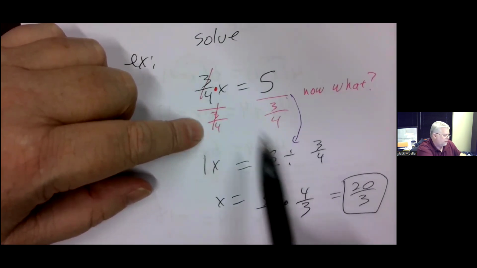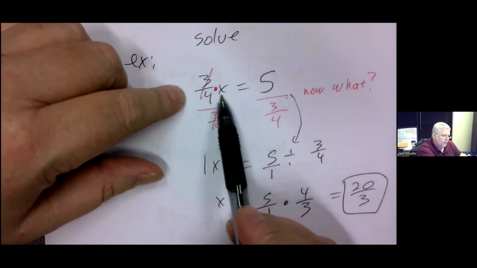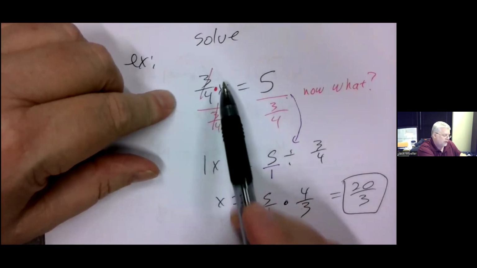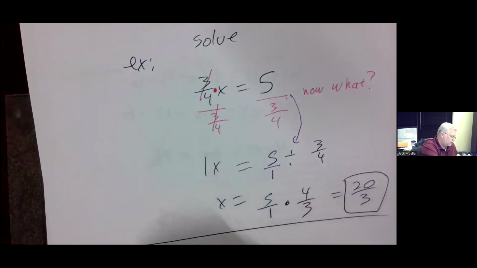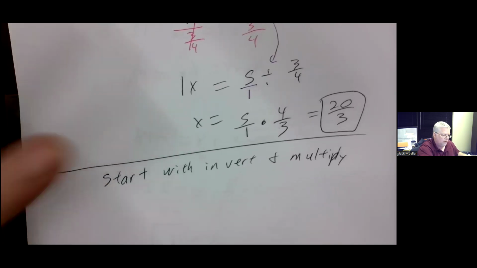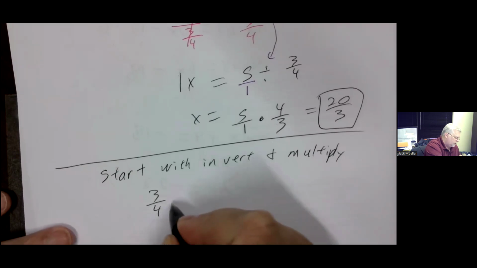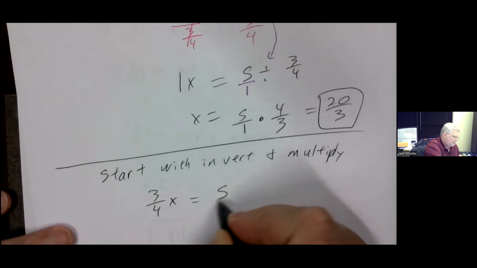So where you have one fraction multiplied times your variable, and that's all you have on this side, let's start with invert and multiply. And this only works if there's no adding or subtracting in the problem. If there's adding or subtracting in the problem, we can't do this step. We have to deal with it a little bit differently, and that's what the other examples will be for.